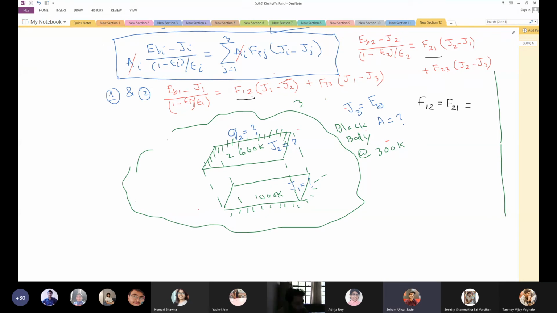Sir, is it 0.37? Yes, sir, nearly 0.4, close to 0.4. So just give a little more time to others to finish. It should be something around 0.4.